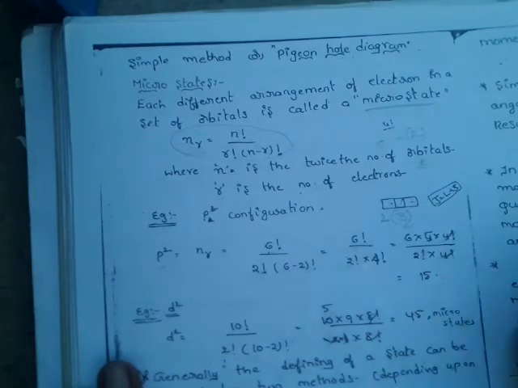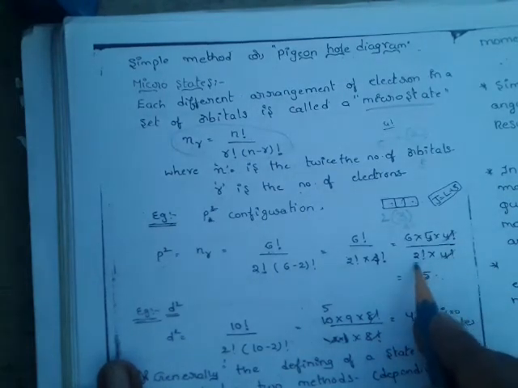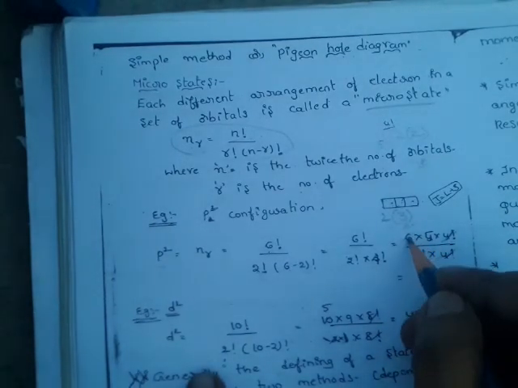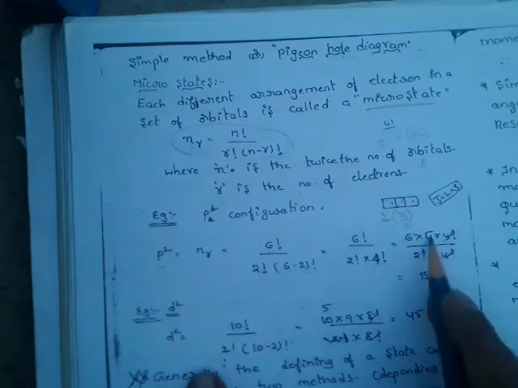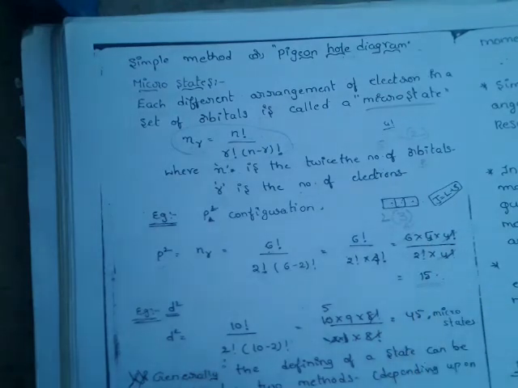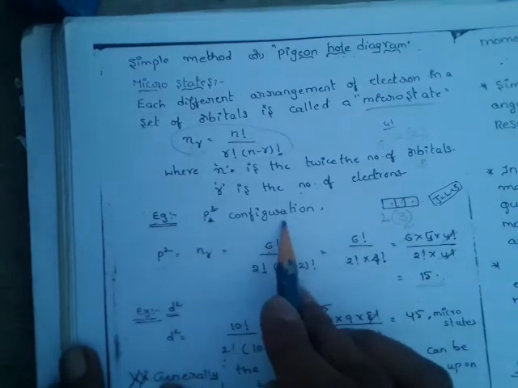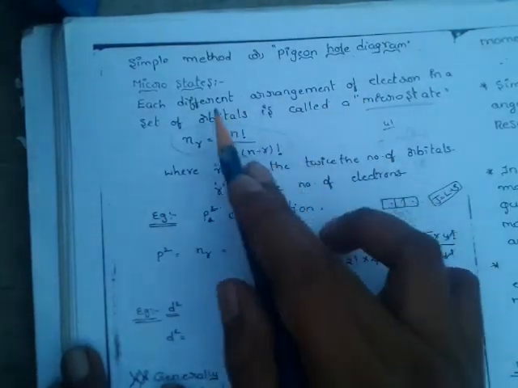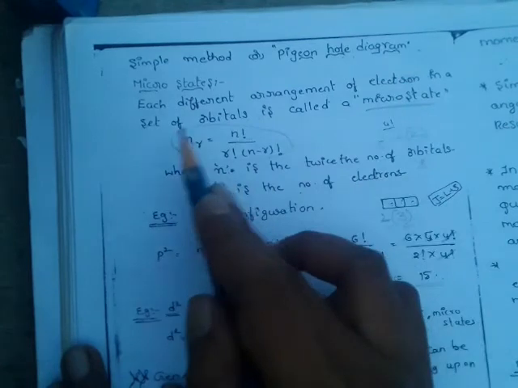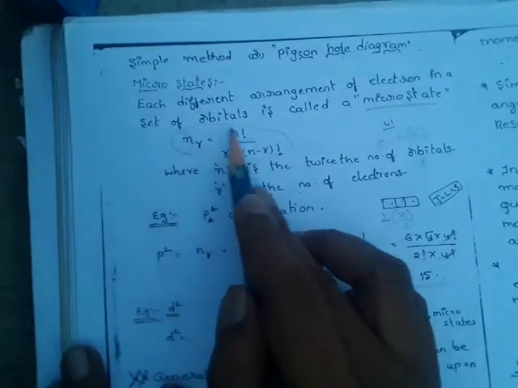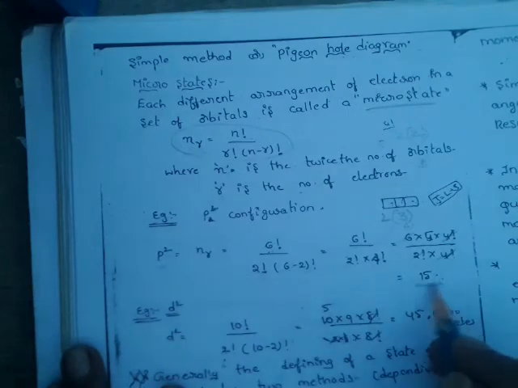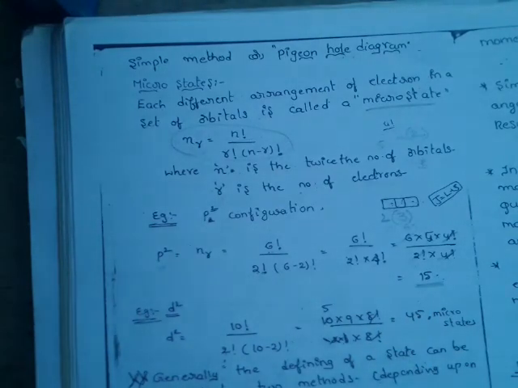The 4 factorials cancel. 2 factorial means 2 into 1, which is 2. 6 by 2 is 3, and 3 into 5 is 15. So for the p2 configuration, 15 is the answer.